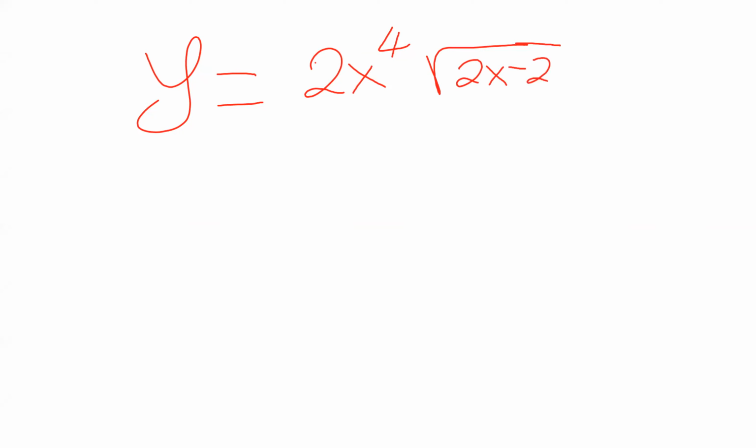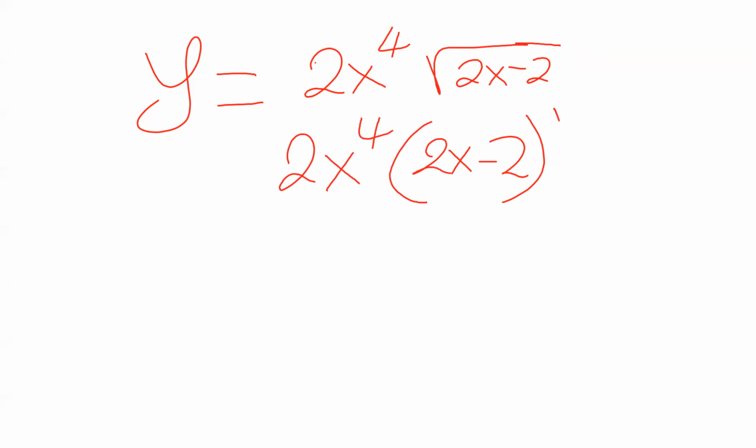As long as these two different expressions are multiplying themselves, you need to use the product rule. So we can rewrite this as 2x to the power 4 times (2x minus 2) to the power half, according to the rule of indices, right?